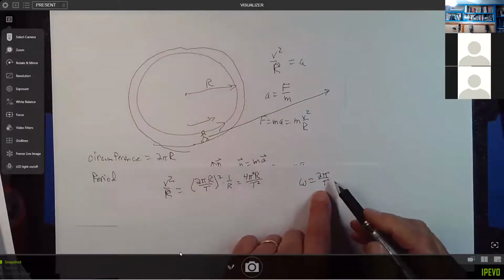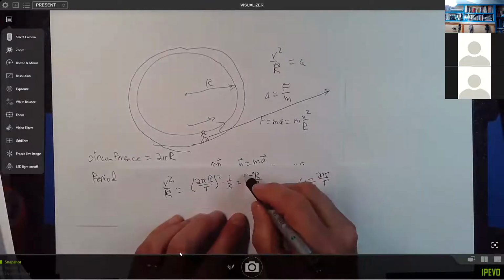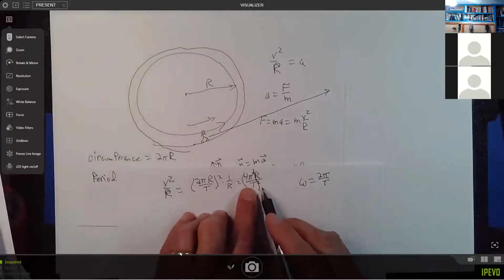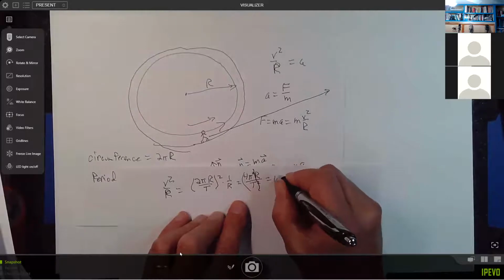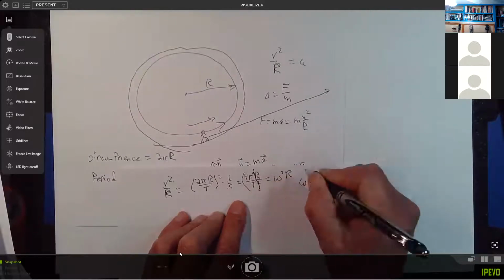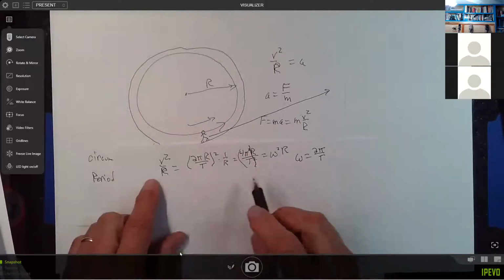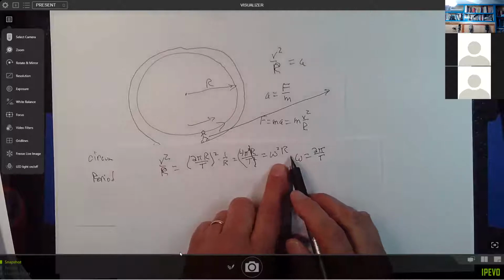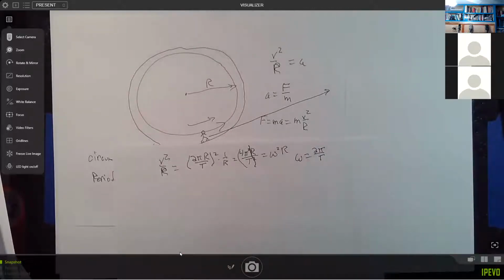In one period, the thing will rotate through 2 pi radians, and we already saw this the other day. This 4 pi squared over T squared ends up equaling omega squared R. So we can either write that acceleration formula as v squared over R, or we can write it as omega squared R and do things like that.